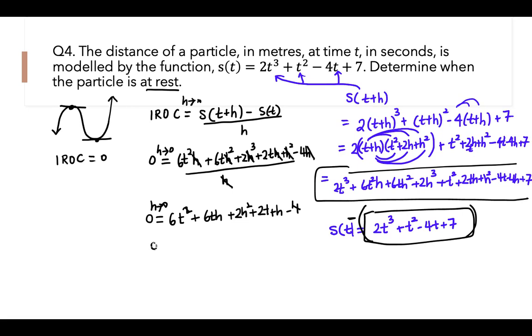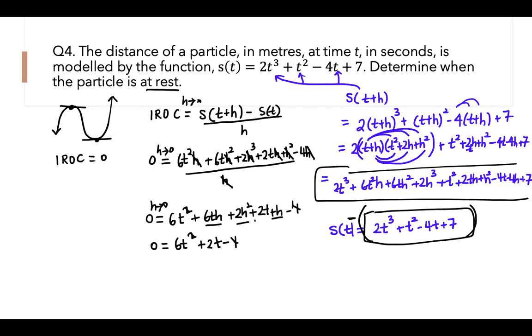Now let's apply a 0 into H, because H is now canceled in the denominator. So we're going to plug it in. 0 is equal to 6T squared, and this becomes 0, and this becomes 0, so it's going to be 2T minus 4.